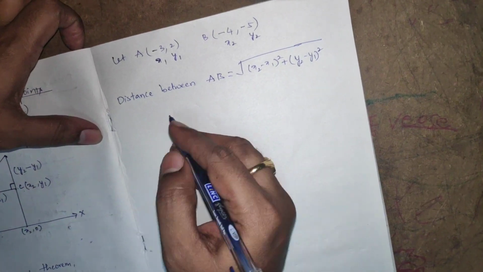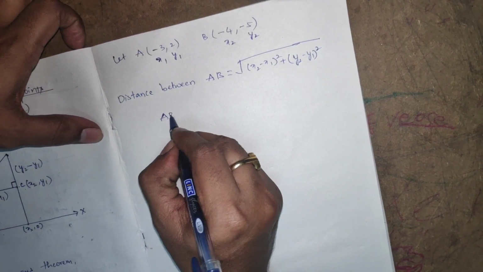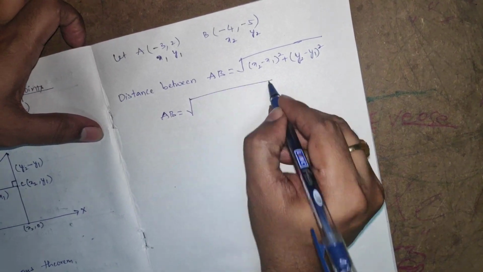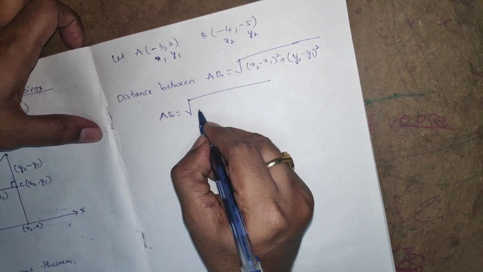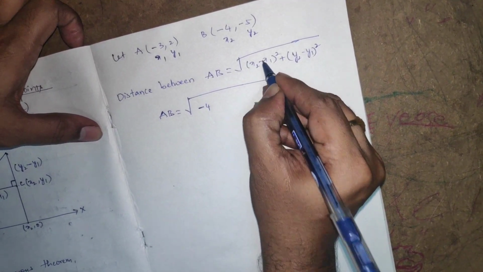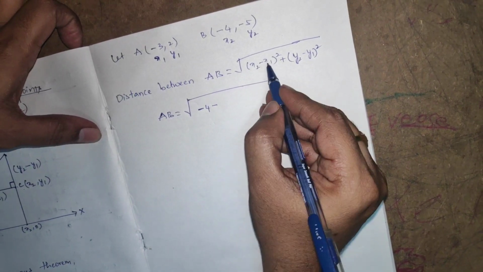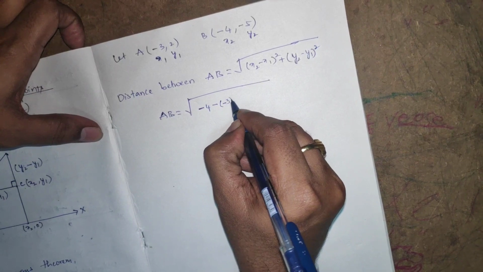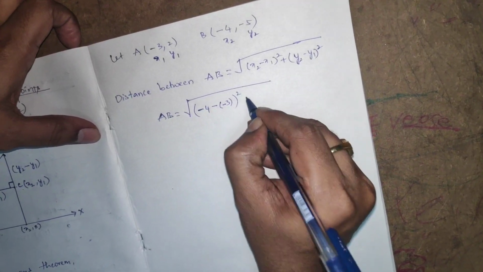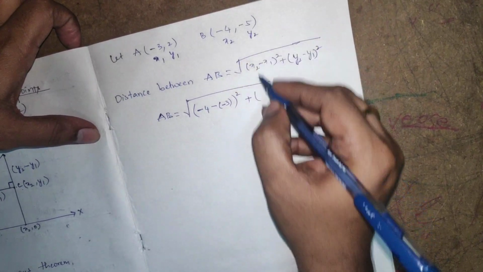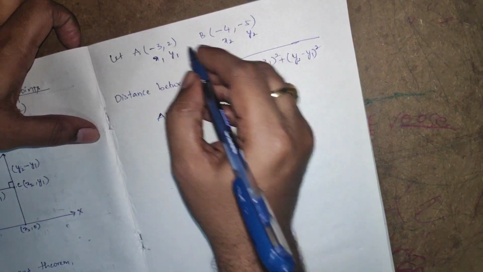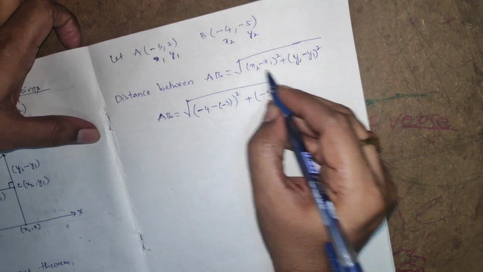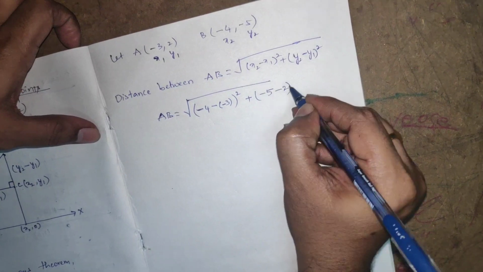Okay, now AB is equal to root of, in place of x2 we have minus 4, and what is there in place of x1? It is minus 3, so one more minus here, whole square, plus in place of y2 we have minus 5 and in place of y1 it is 2, and this is whole square.